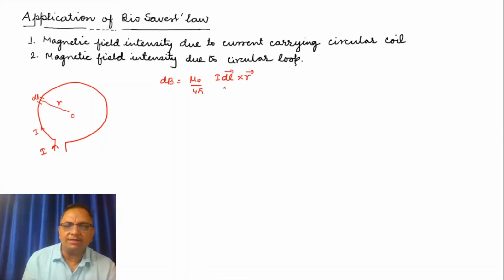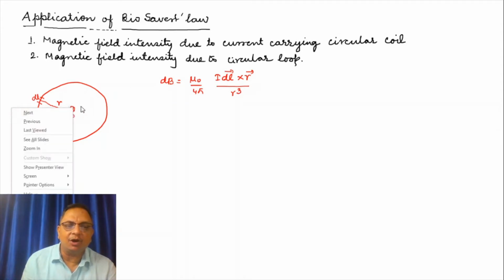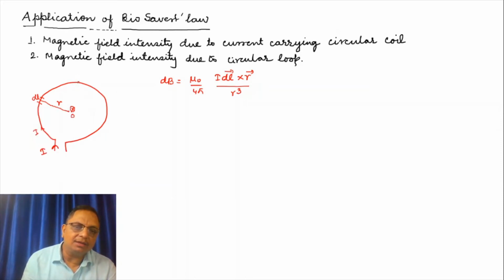Hence the magnetic field intensity is perpendicular to both the current element as well as the radius vector. This is the cross product, so the magnetic field intensity at the center will be perpendicular, downward. This is cross here. Now considering all the elements on the coil, the direction of magnetic field intensity is always perpendicular to the coil, and it is inside the coil.